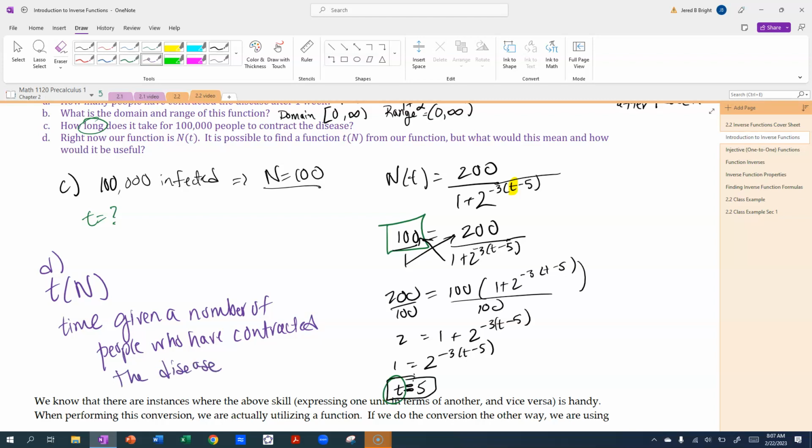Okay, so we're inputting a number of infected and we're getting out how long it would take to reach that point. And so that's the idea of an inverse function.